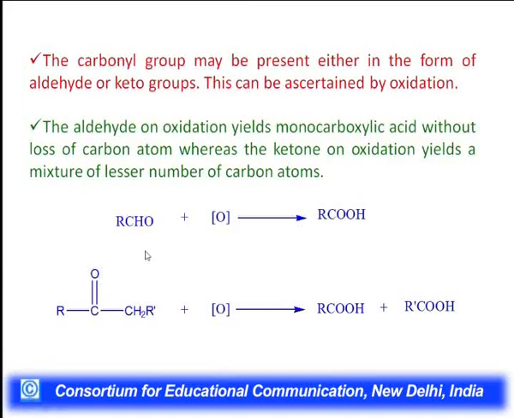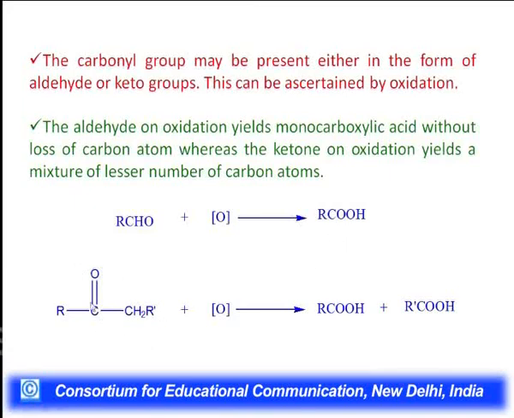Here you can see that if the aldehyde group is present in the terpenoid, it will oxidize to give a carboxylic acid which is a monocarboxylic acid with the same number of carbon atoms. Here again, along with this alkyl group we are having the carbon number 1 in the terpenoid.